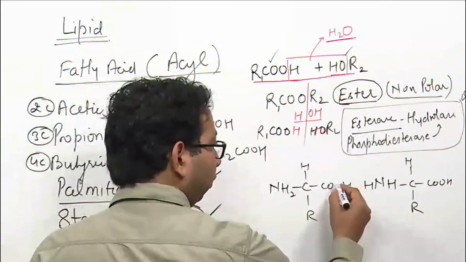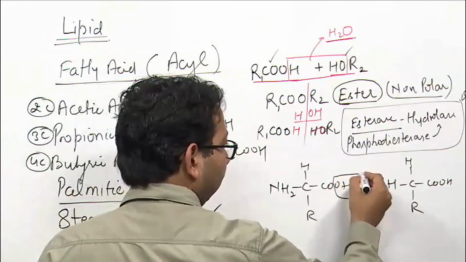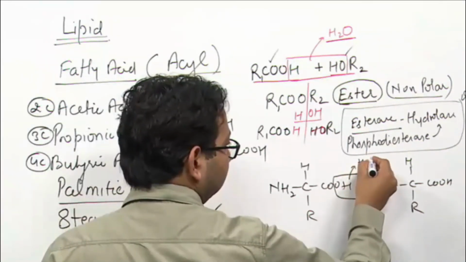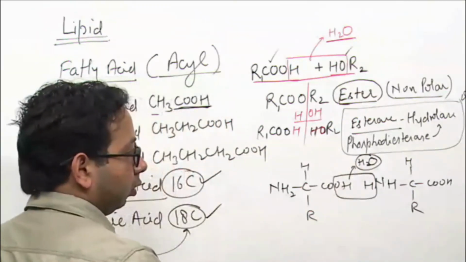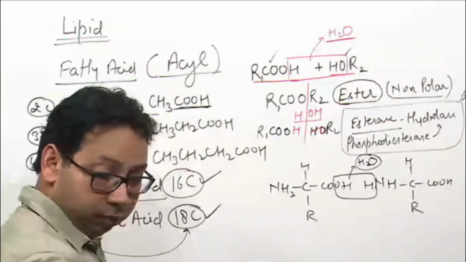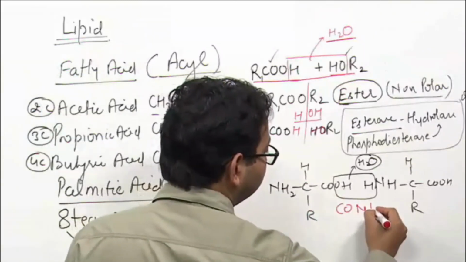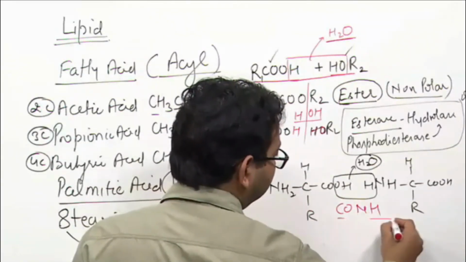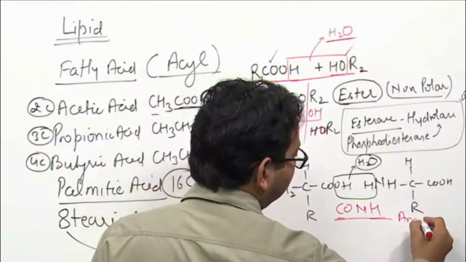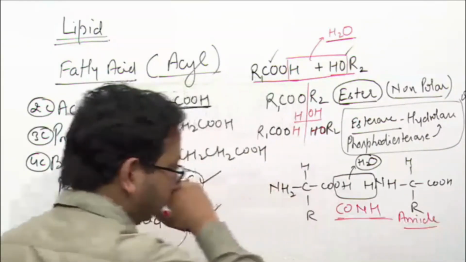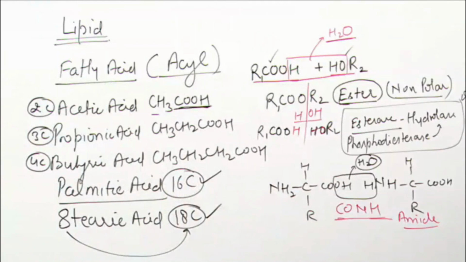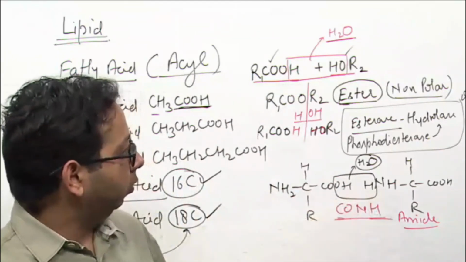Whenever two amino acids join, H2O is released to form which bond? CONH, that is amide bond. When acid and amine join, they form an amide bond.